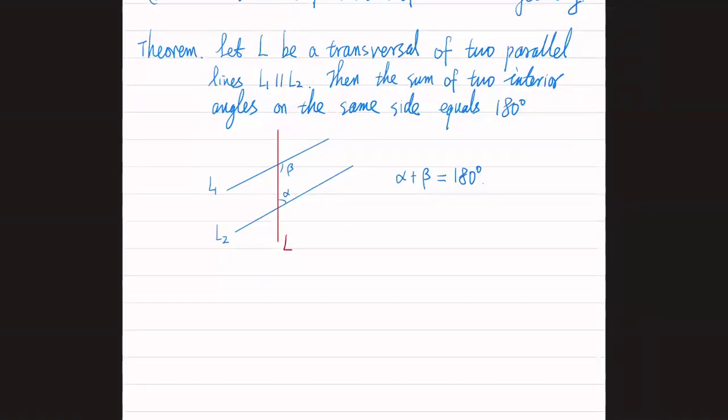Now some consequences of the theorem. We call them corollaries. Corollaries are properties that can be derived quickly from the theorem.